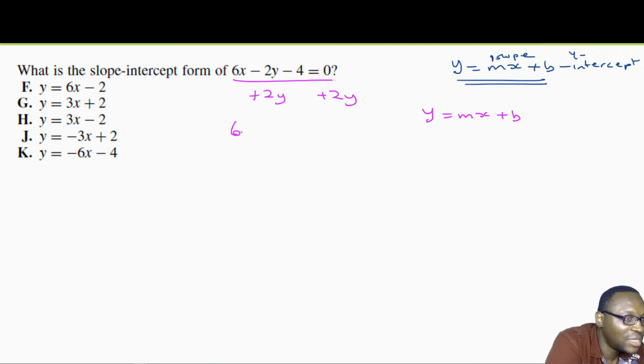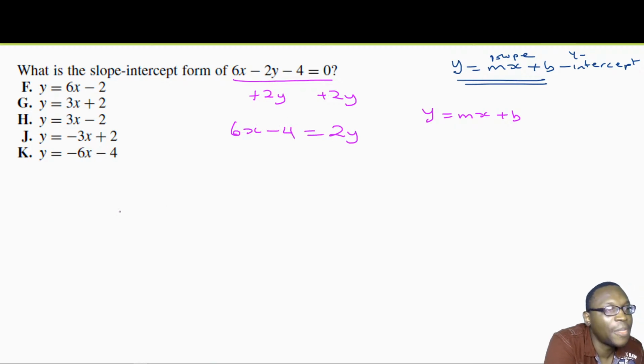So I have 6x minus 4 equal to 2y. And then what I'm going to do now is divide both sides by 2 because I need to make sure that the coefficient of y is 1. So we're going to now have 6x minus 4 over 2.